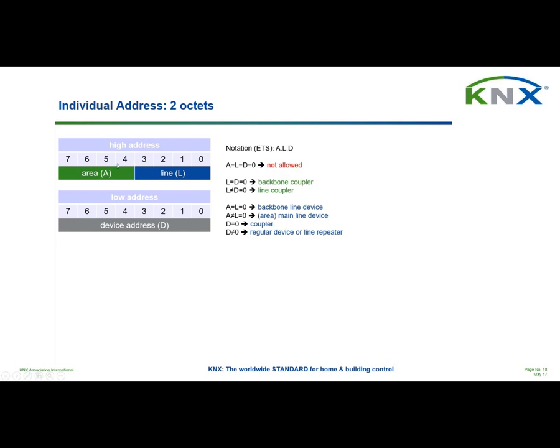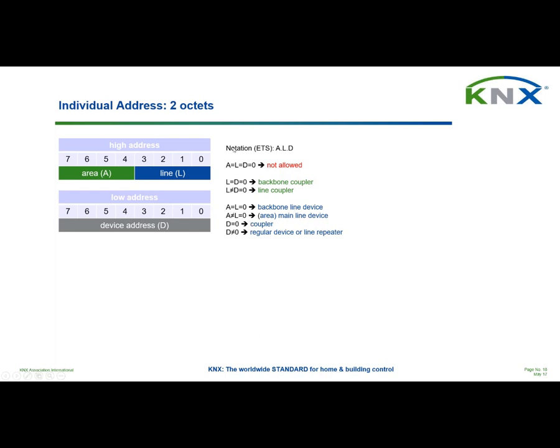In the high address, the most significant bits indicate the area of the device, and the other 4 bits of the high address indicate the line where this device is installed, and the low address is then the device within that line. That takes 8 bits.